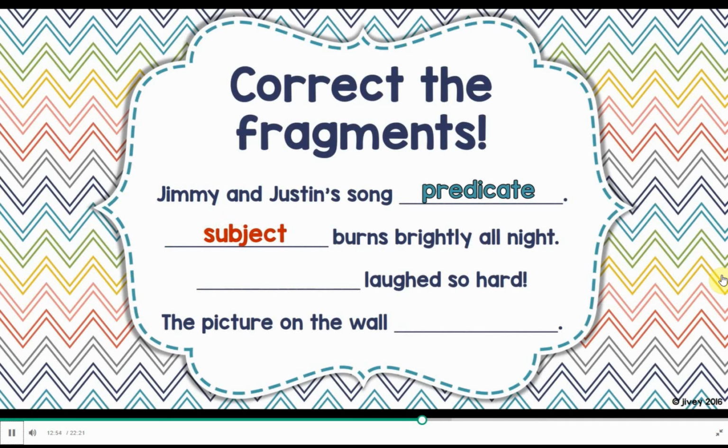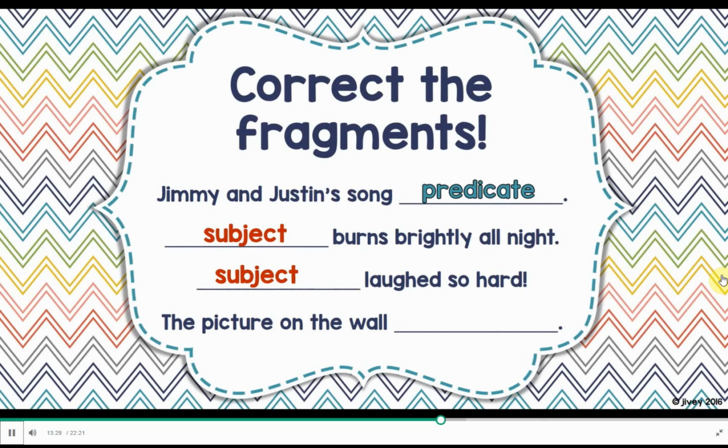So you should have filled in on that blank a subject, possibly with some modifiers to help describe that noun that is burning brightly all night. Let's look at the next one. Laughed so hard. Well, this one's an easy one, isn't it? Laughed is a verb. Laughed so hard is a predicate. So that means we're missing a subject. Who laughed so hard? We don't know. You should have filled in a subject that tells us who laughed so hard.